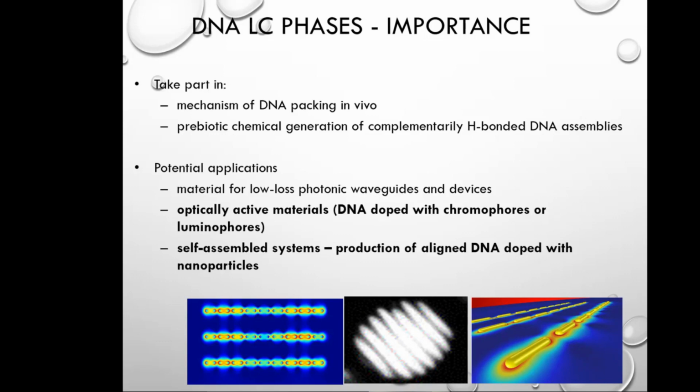However, here we are at the materials science meeting, so the potential application of such lyotropic crystals is also important and can be further explored, as it's a material for low-loss photonic waveguides and devices. We can get optically active materials when we dope it with chromophores or luminophores.